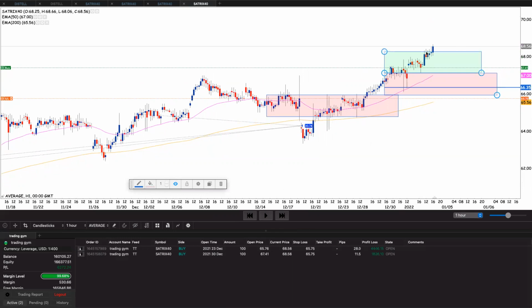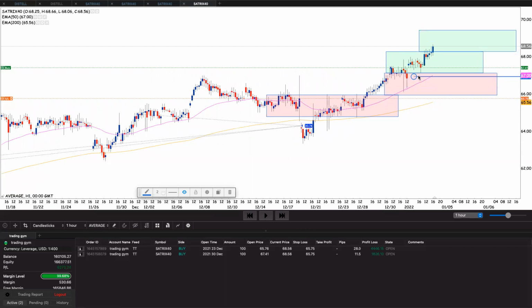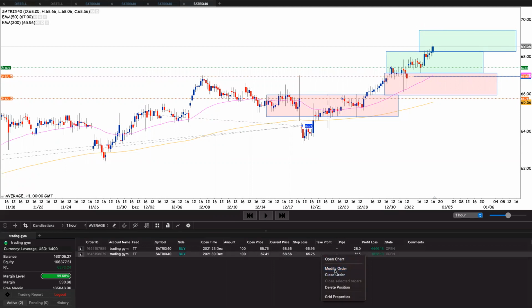See, again, when it reached the top of the box, it had a reaction before breaking. Now we broke into an even higher box. I look at the market, and there is where I want to place my stop loss. So I'm going to have to wait before I add to my positions. So I'll raise my stop loss to there. So now it's at 66.95.